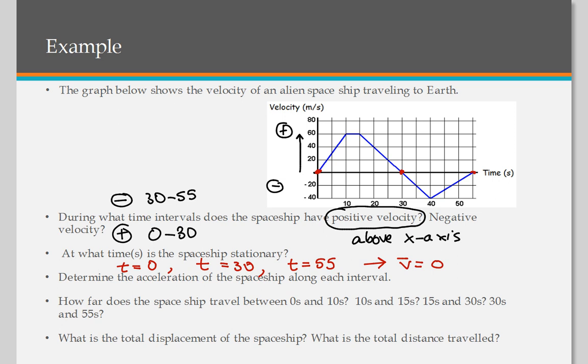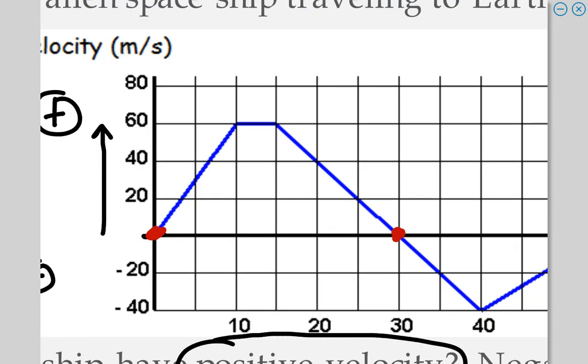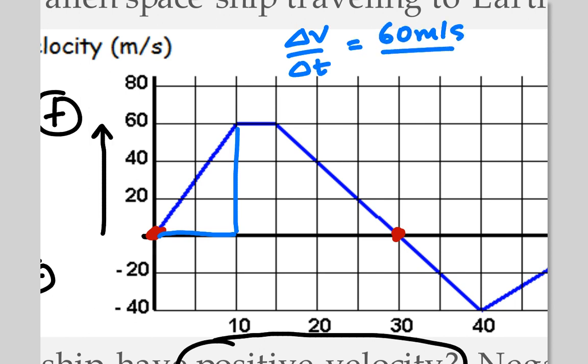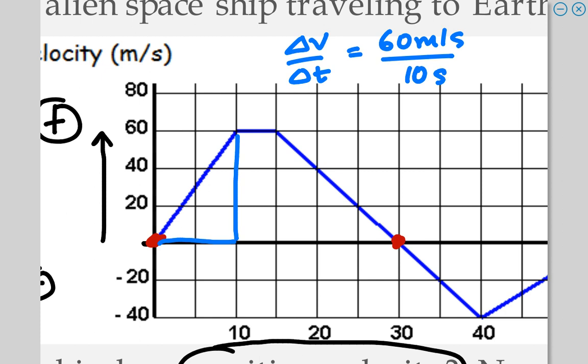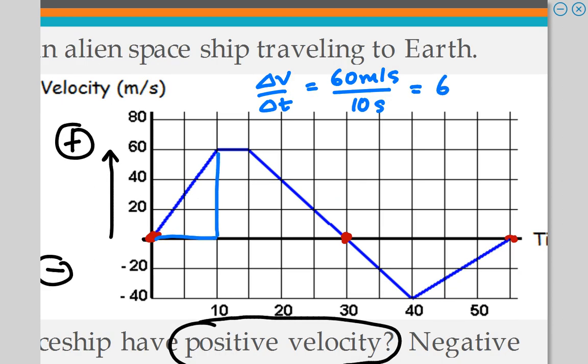Determine the acceleration of the spaceship along each interval. First one, what's delta v? And delta t? You'd be like delta v, delta t, 60 meters per second in 10 seconds, 6 meter per second square.